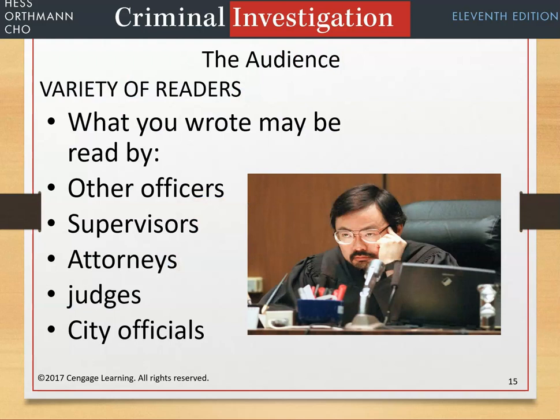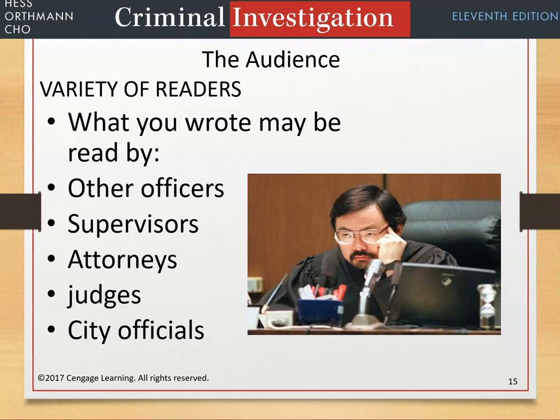Okay, so now we know kind of what your reports are used for, or used to do, if you will. But now, what would be the audience? Who's going to see those reports?